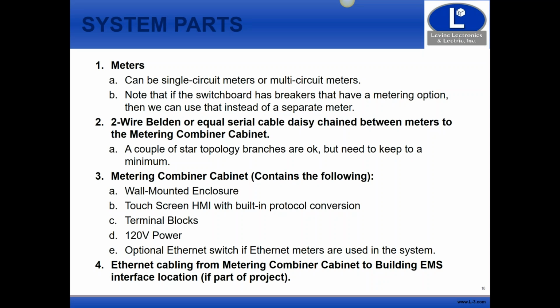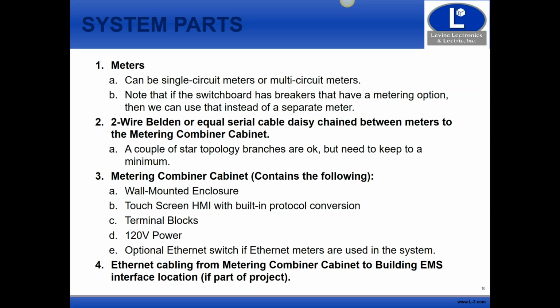It's a wall-mounted enclosure. Depending on the location, it can be a polycarbonate enclosure or a steel enclosure. It really doesn't matter. Usually a 12 by 12 or an 18 by 16, depending on the size of the HMI that we're going to use.